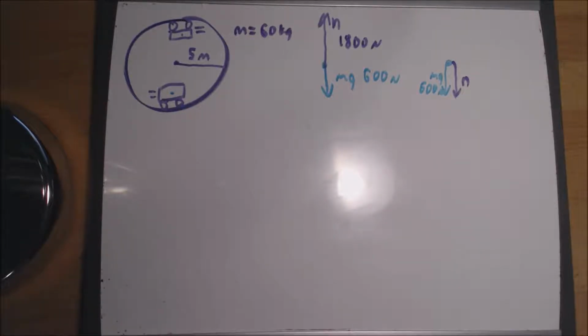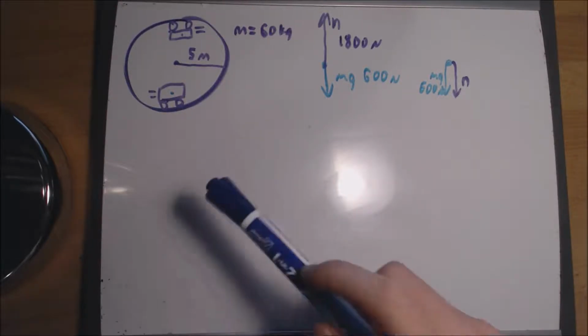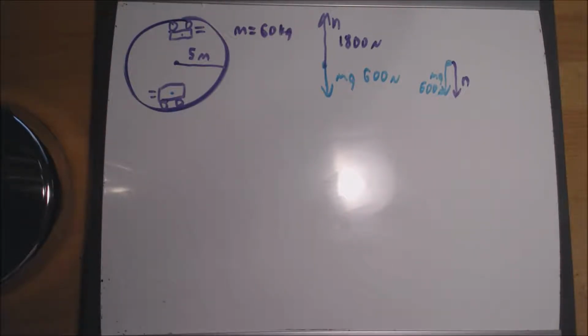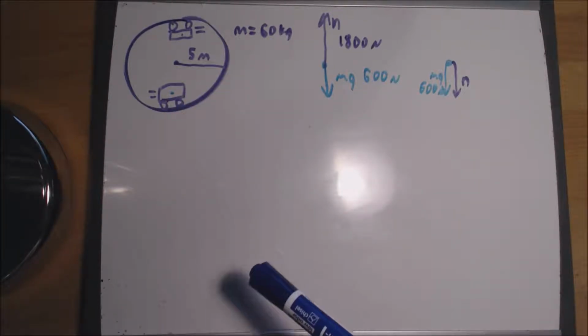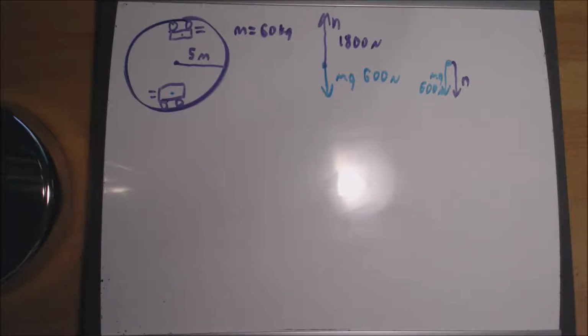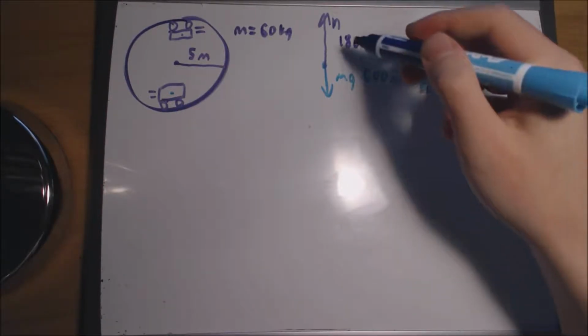First question we got to answer is at what speed is the driver traveling? In order to do this, we got to have a few assumptions. We know that at the bottom, our net force will be the normal force minus mg.